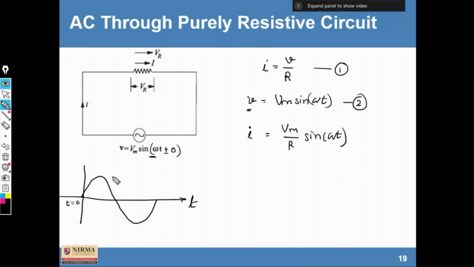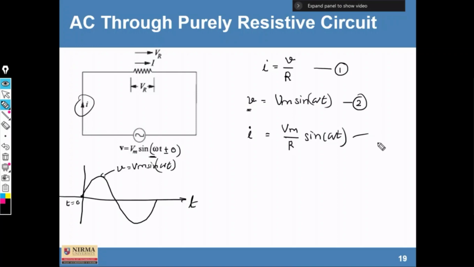So we can write this is V is equal to Vm sin omega t. Okay, because there is no phase difference here. It starts from zero only. And this we can consider as a reference quantity, voltage. And here we are finding the equation of current also from this equation.